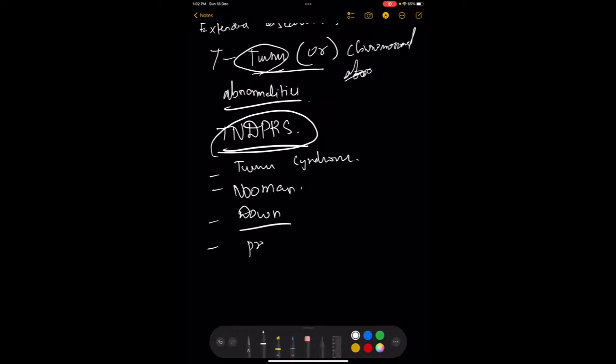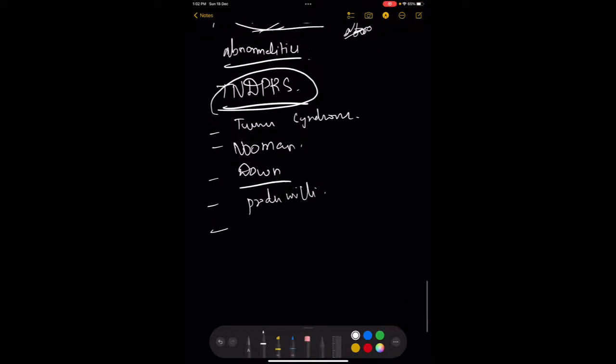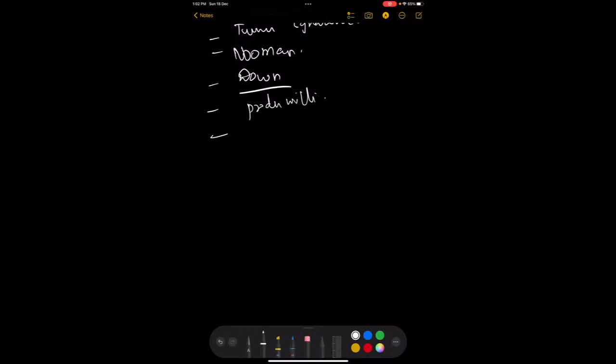And Prader-Willi syndrome. Next is Russell-Silver syndrome. And next is Seckel syndrome. All these syndromes are important causes of short stature in chromosomal abnormalities.